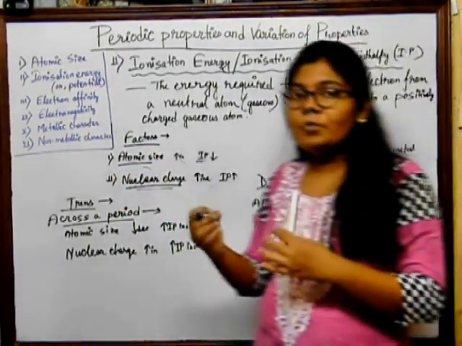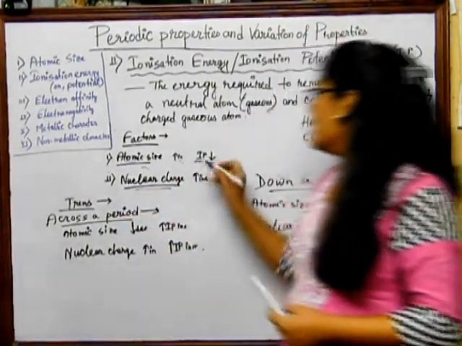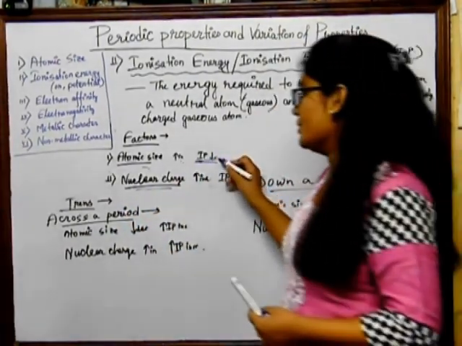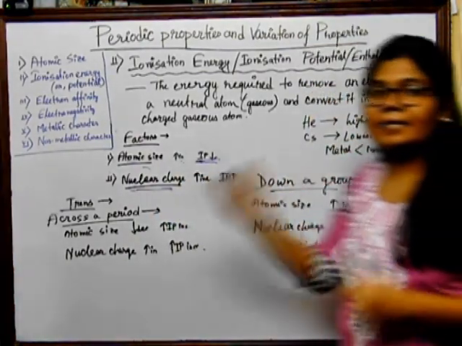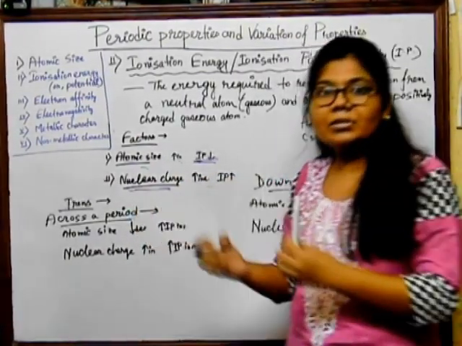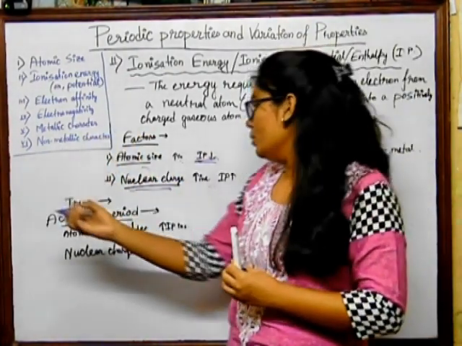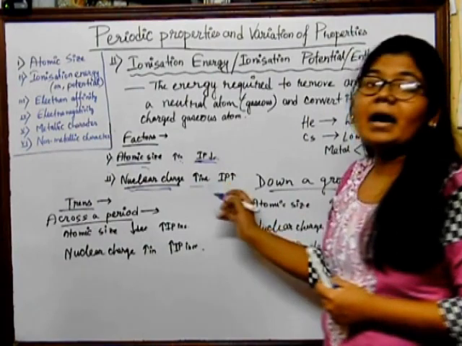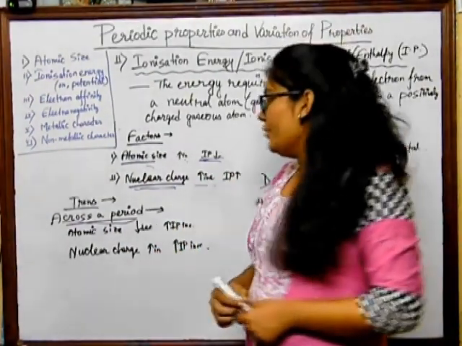So we have to provide less extra energy, so the ionization potential decreases. Nuclear charge: if nuclear charge increases, it means the attraction of the nucleus to the outermost electron increases, then the ionization potential also increases. Now come to the trends.